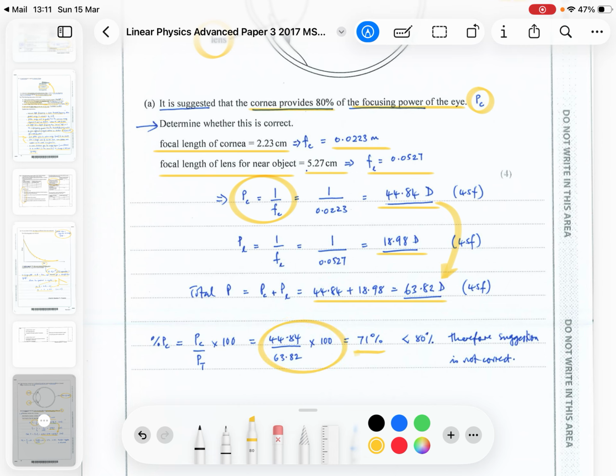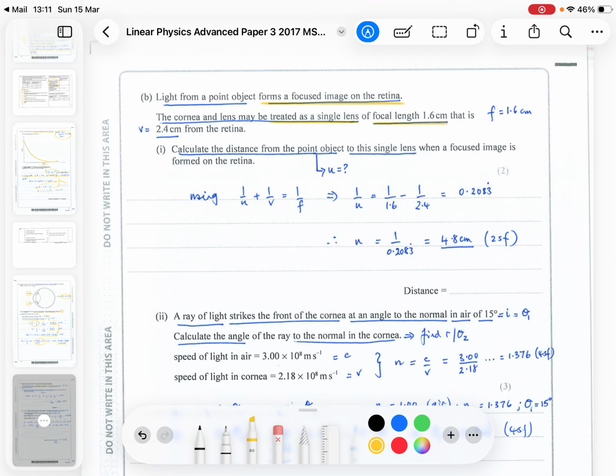Part B, the light from a point object forms a focused image on the retina. The cornea and lens may be treated as a single item, with a focal length of 1.6 centimeters. That will give you the equivalent power of both, which we worked out on the page before. The distance from the retina is 2.4 centimeters. That's just the shape of the eye.